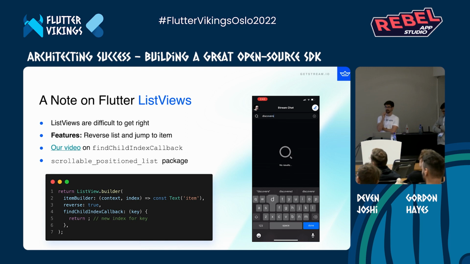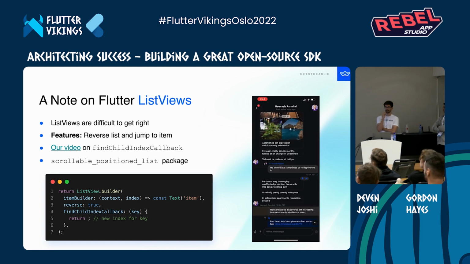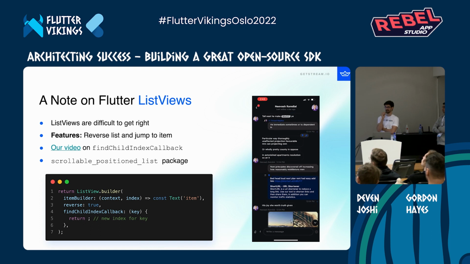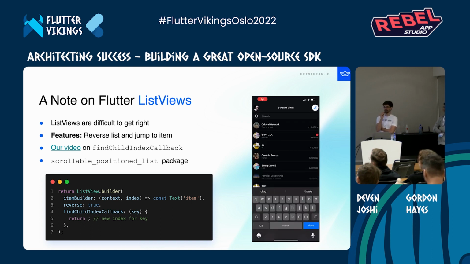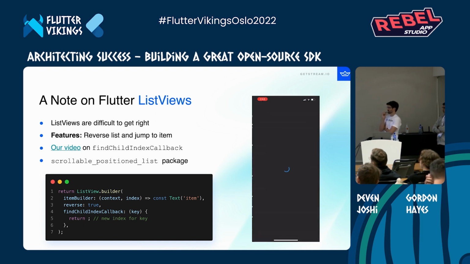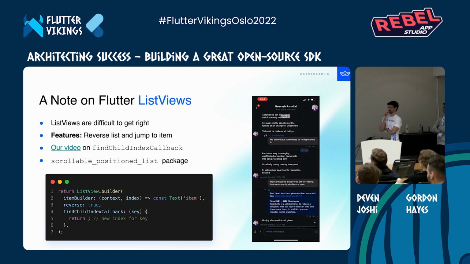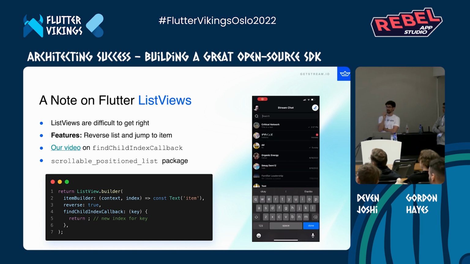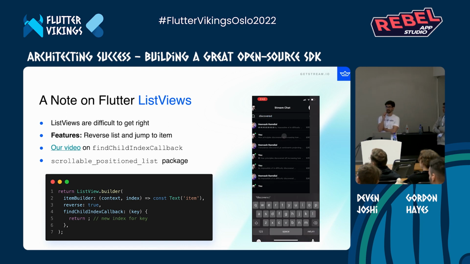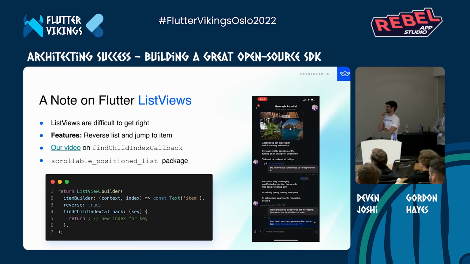Our React and React Native teams have done extensive work trying to optimize their lists as well. So this isn't a Flutter issue, it's a cross-platform issue and something that Android and iOS solved years ago. Flutter does a very good job. There's a very good blog post on the Flutter docs discussing how they do list views and how it's integrated into Flutter natively with the way that Flutter does rendering.